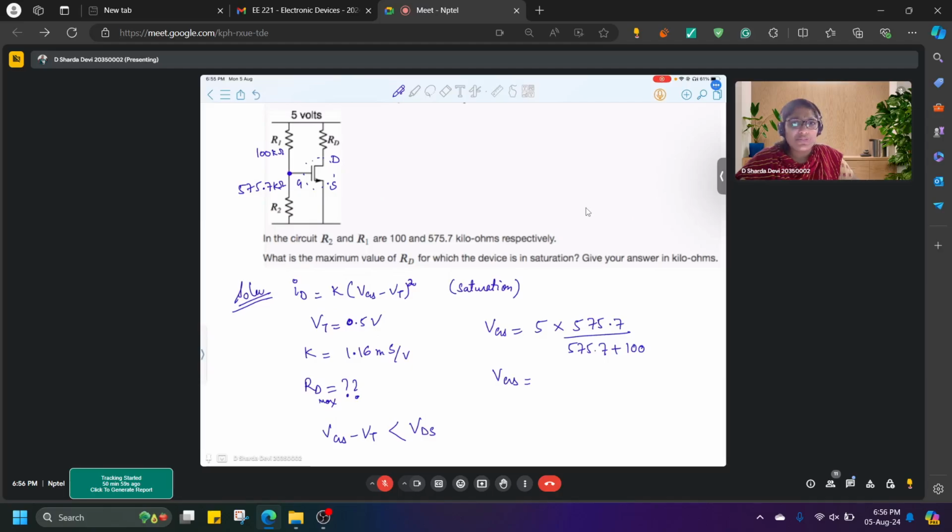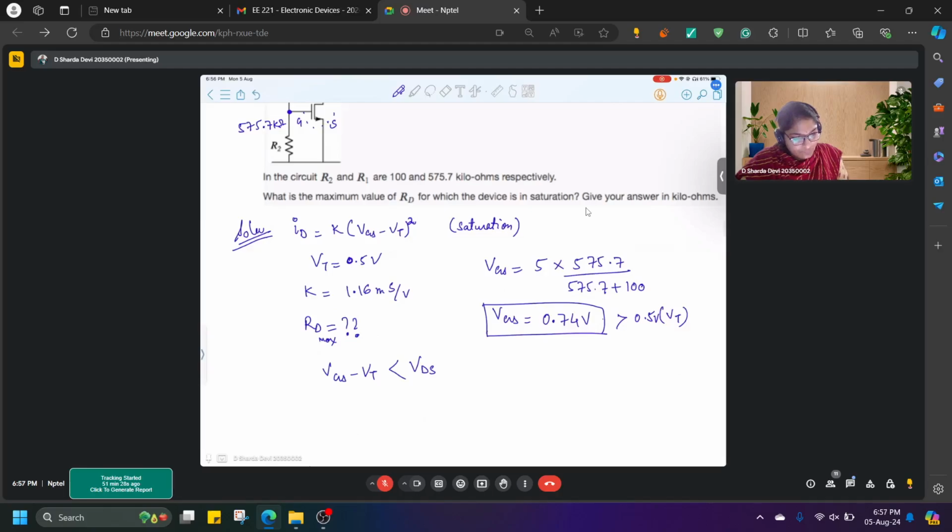Is it 4.26 VGS? Take it once again. So the VGS that we will observe is 0.74 volts, right? Which is greater than 0.5 volts of VT.